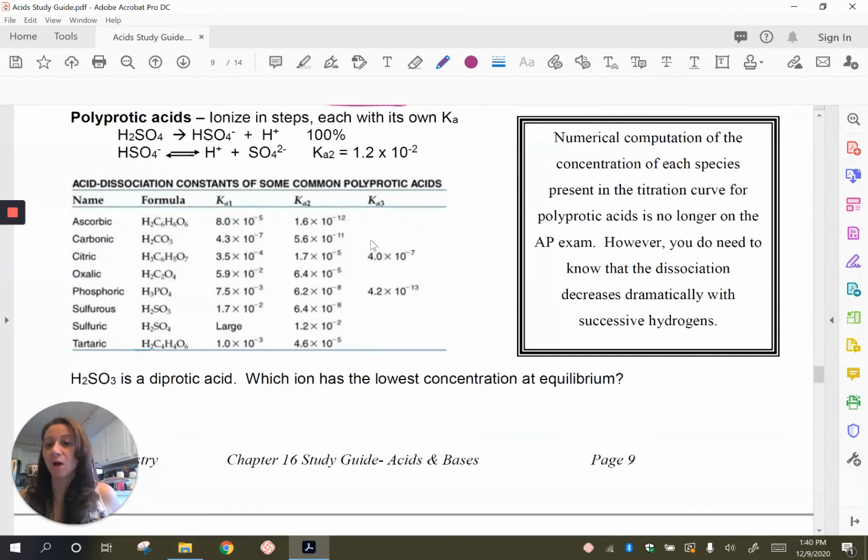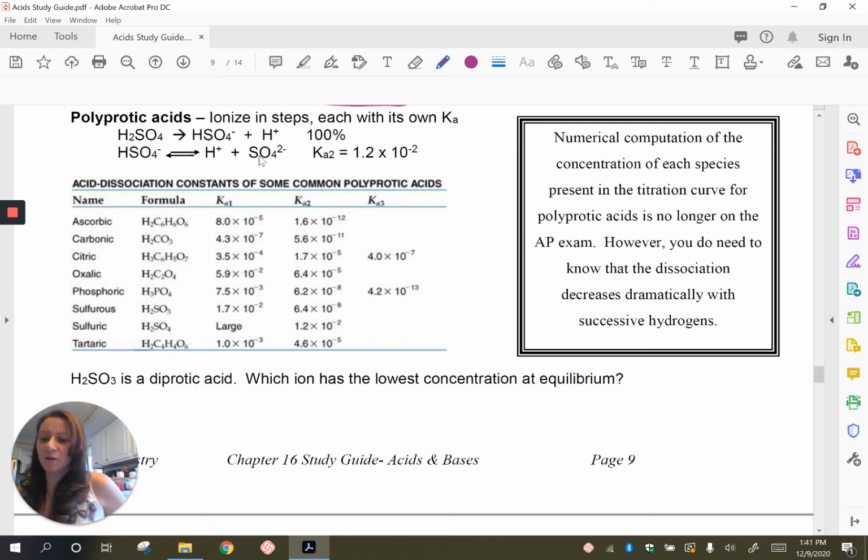Our next topic is polyprotic acids. We had talked about polyprotic, like diprotic or triprotic, meaning that it can give off more than one proton. So for example, sulfuric acid is diprotic. It can give off an H plus and HSO4 minus, but then HSO4 minus is a weak acid and it can give off partially some H pluses and SO4 2 minuses.